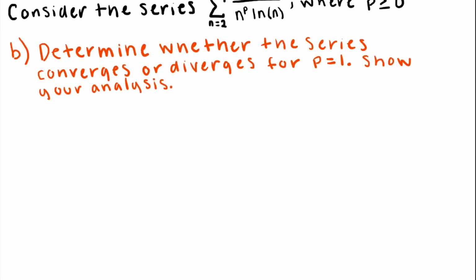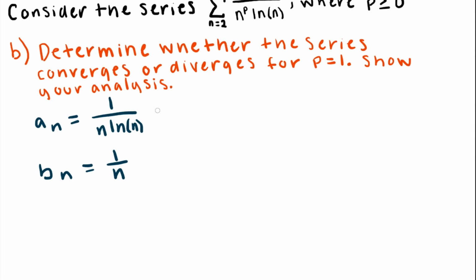Now for part B, determine whether the series converges or diverges for p equals 1. Show your analysis. When p equals 1, our a of n is 1 over n ln of n, and our b of n is 1 over n.